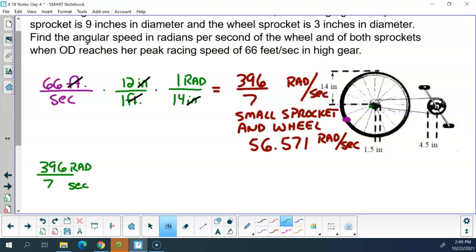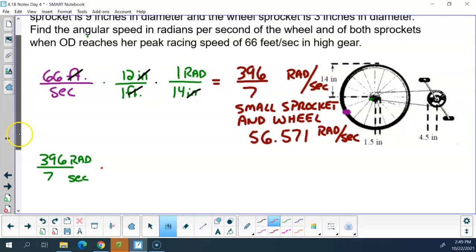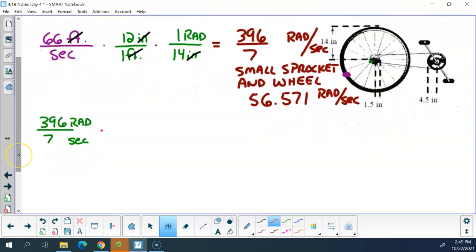Okay? So we're back here. So now we should probably go back to linear speed. But what is my radius now? What is my radius right now?